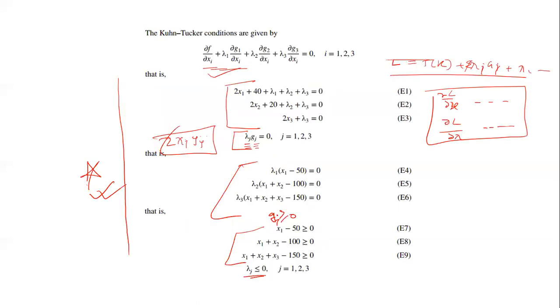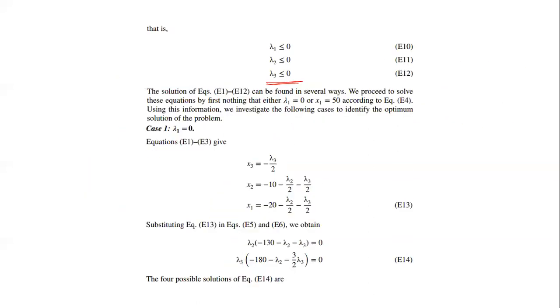Now, as you can see, they have also said that the solution can be found in several ways, but whatever the way you take, it will always give you a checking of all the conditions. In this particular case, since you have three constraints, you will have three lambdas, and basically you will have a combination of three parameters. So maybe all the lambdas are 0, maybe one lambda is 0.